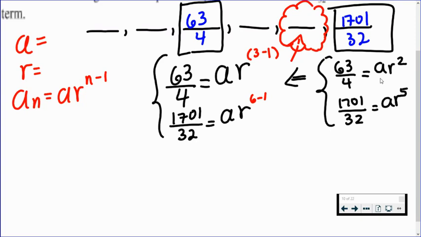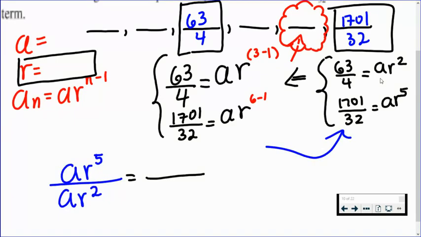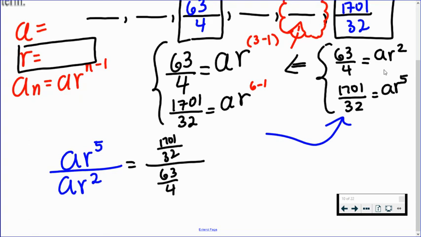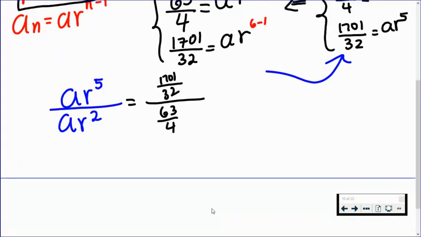But what I need to find out right now first is the ratio. I am taking this fraction and dividing by this. Outsiders, insiders, simplify the problem a little bit more.